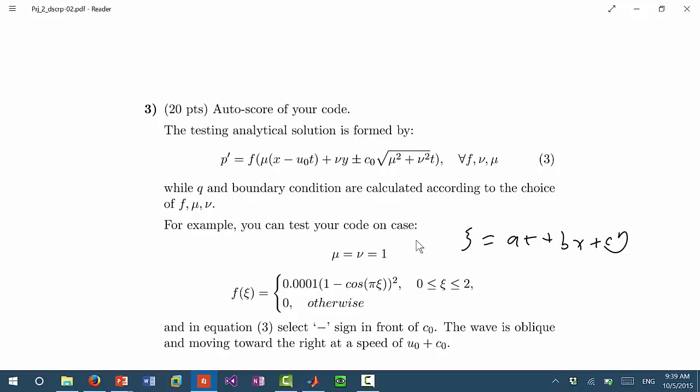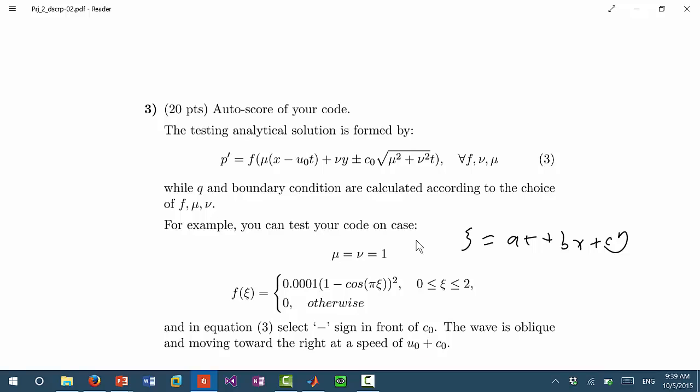Because when you plug that solution in and iterate to a steady state with a very big delta t, you should expect your solution to be similar to that analytical solution, with boundary conditions that also satisfy the same analytical solution. We are going to clarify that a little bit in the project.